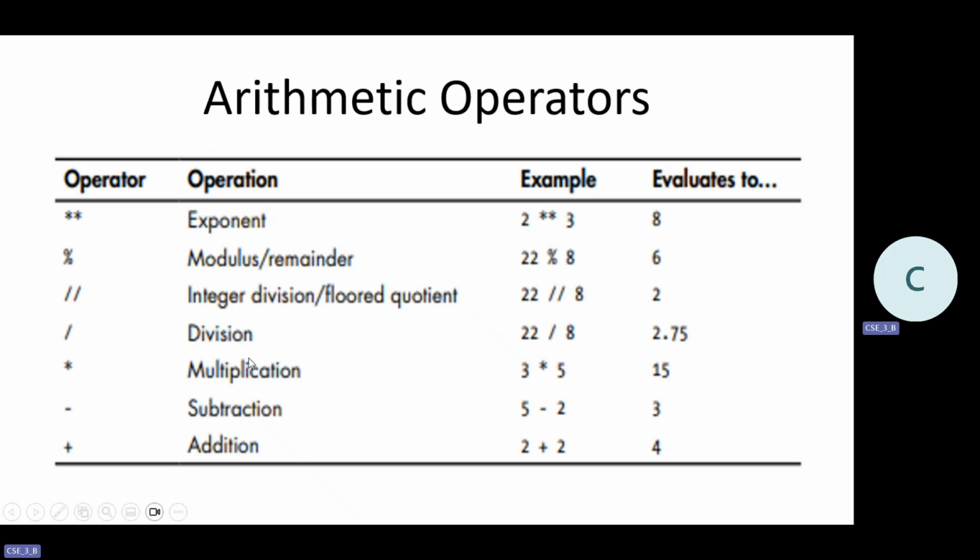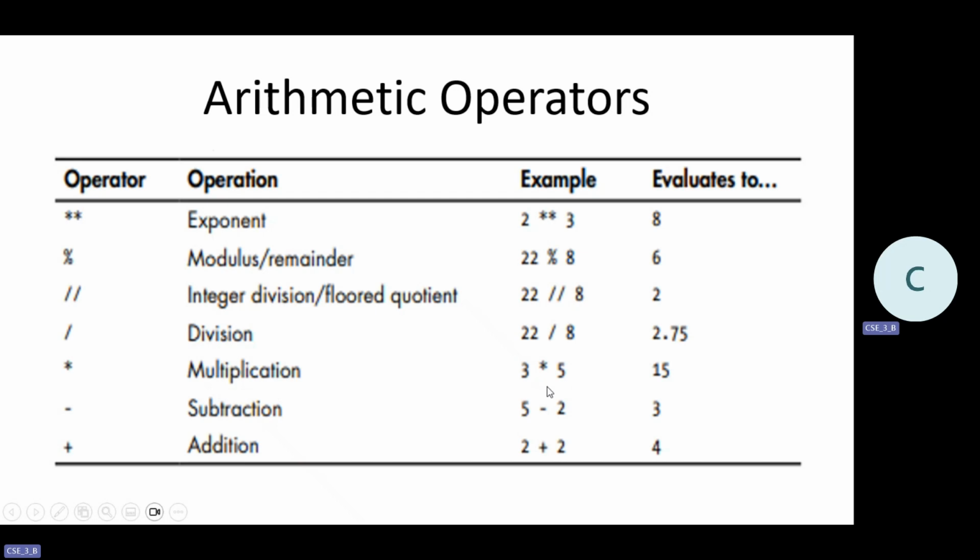Then the division operation. Division in Python is floating type by default. Whenever we divide a number using the single forward slash, it results in a floating point value, that is, with both characteristic and mantissa parts.